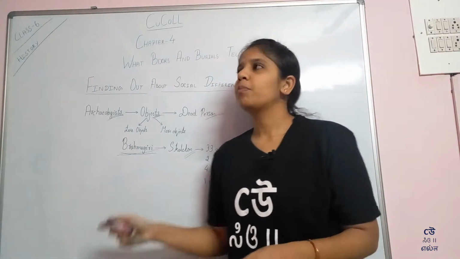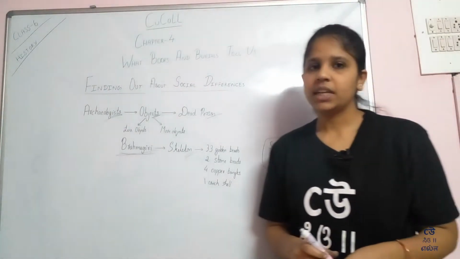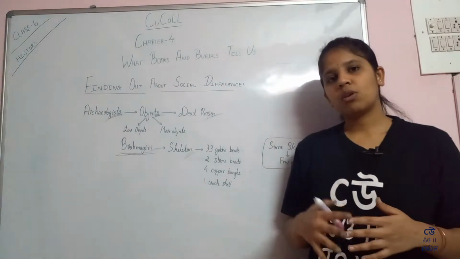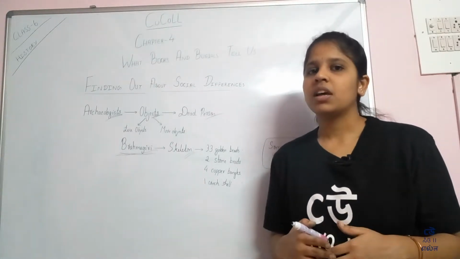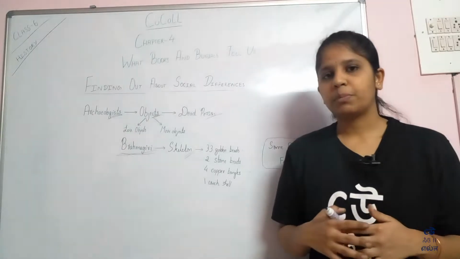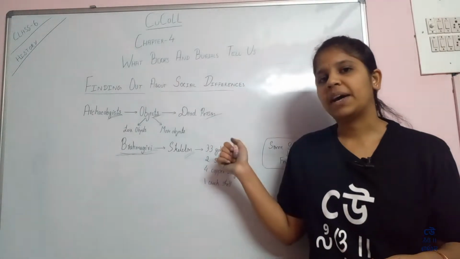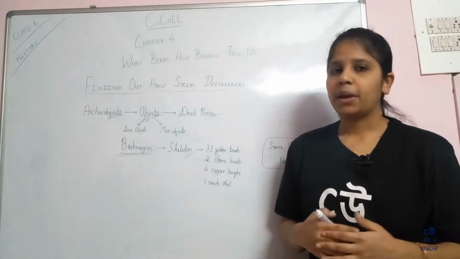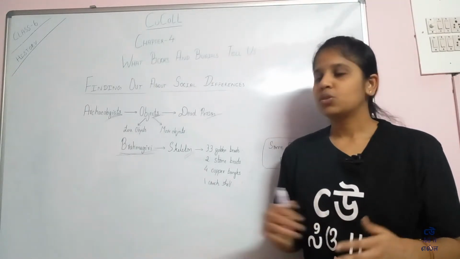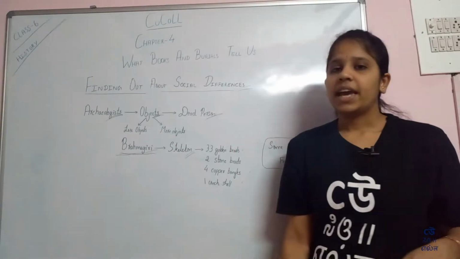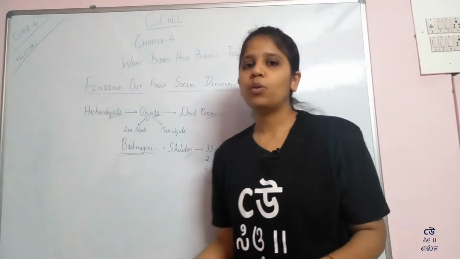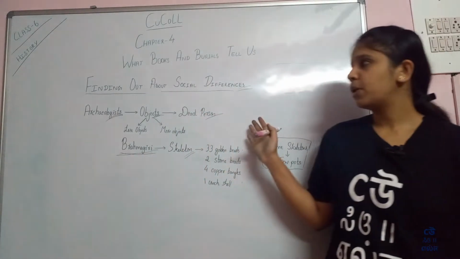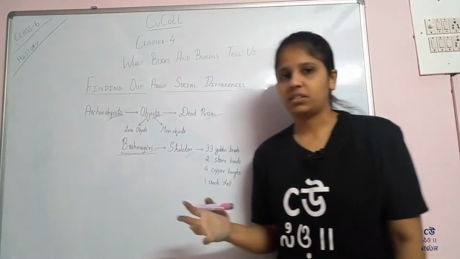By this, the archaeology department suggests that there were social differences among the status of the people who were buried. This is how archaeologists came to the conclusion that social differences existed between the people who were buried. So this is about the social differences.